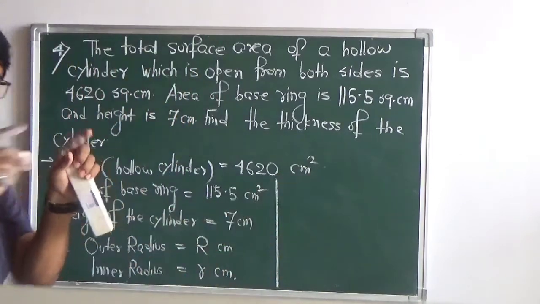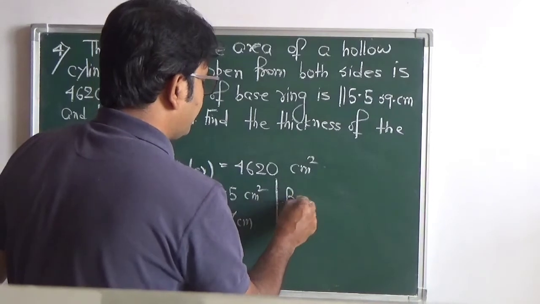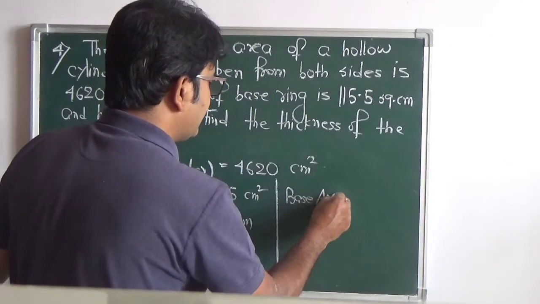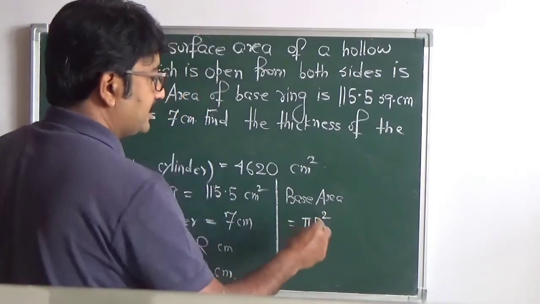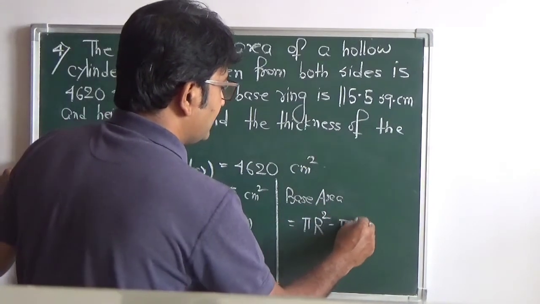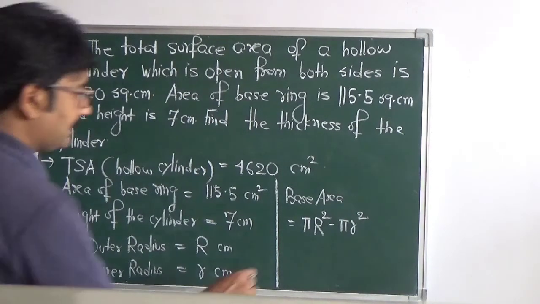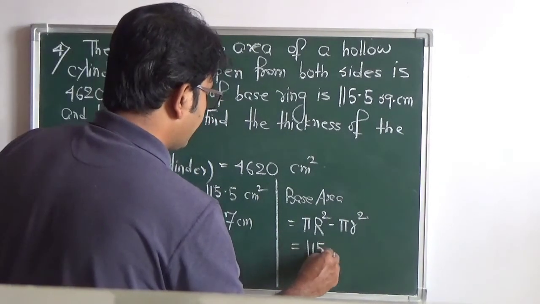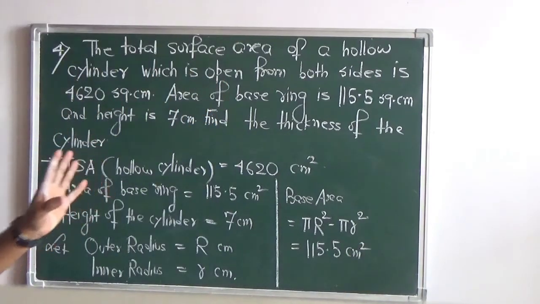The base area is given by pi times the area of the bigger circle minus the area of the smaller circle, that is pi of R square minus r square, and this is equal to 115.5 centimeter square. So this we have been given.